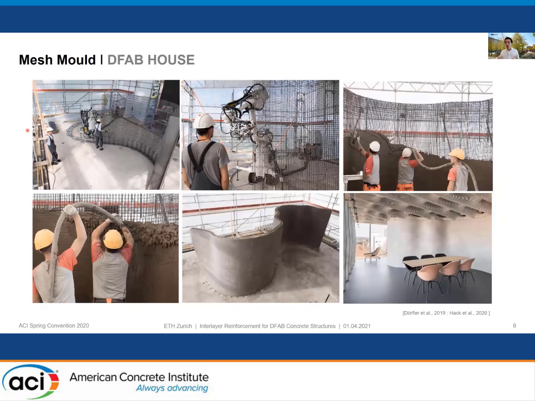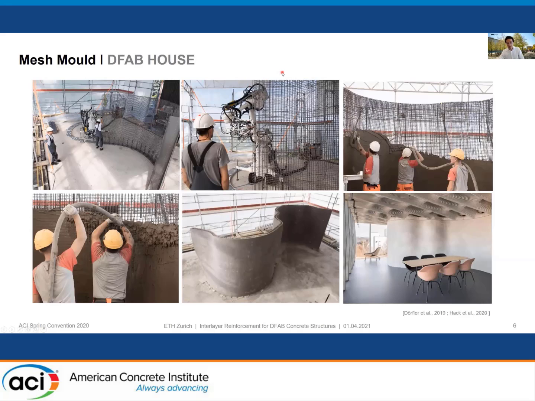We robotically fabricate a reinforcement cage, which can be complex, of double curvature, and we use small diameters, so the spacing of the rebars is small, and this allows, as you can see here, to cast the core of the structure without a conventional formwork. So the reinforcement is both reinforcement and a permeable formwork. Then the cover is sprayed, and this example is the DFAB house.